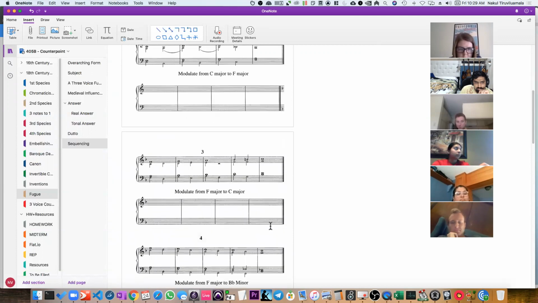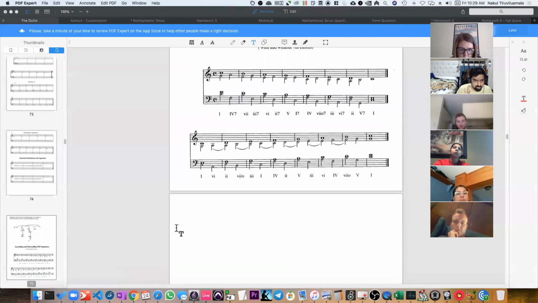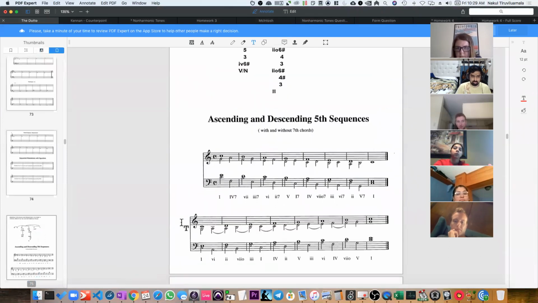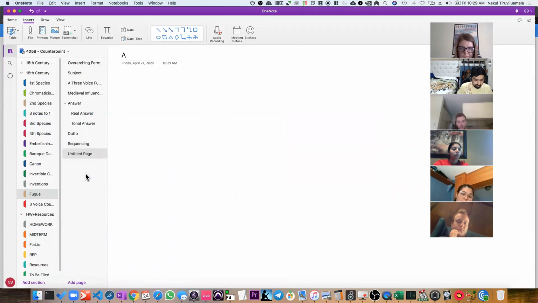There's actually a page in the Dodo that pertains to this, but for some reason I've lost it. I think it's this one right here. Ascending and descending fifth sequences. This is a useful thing to look at. And the thing that's most salient to what we're going to do is probably the descending fifth sequence.